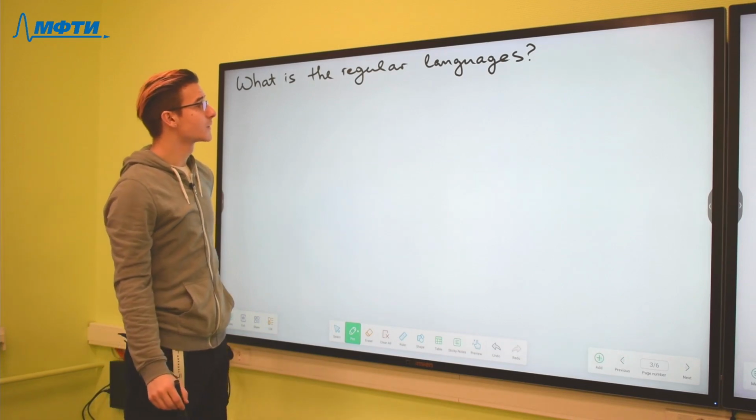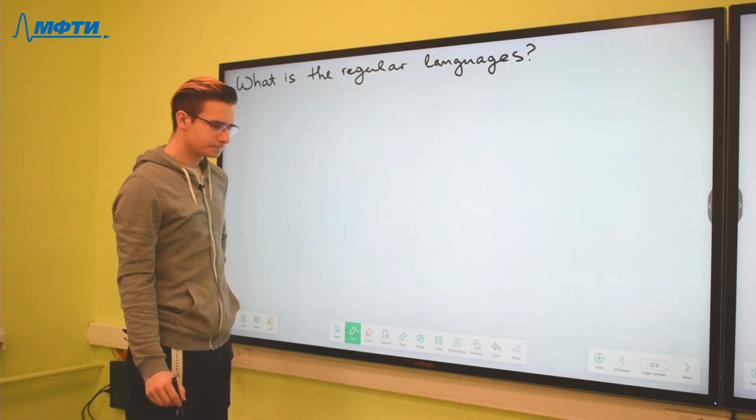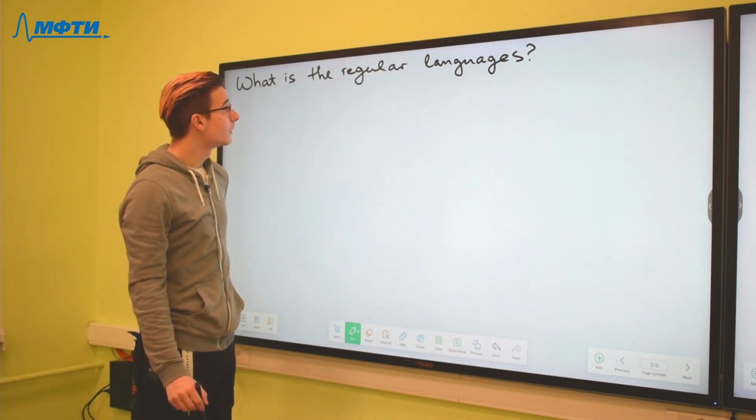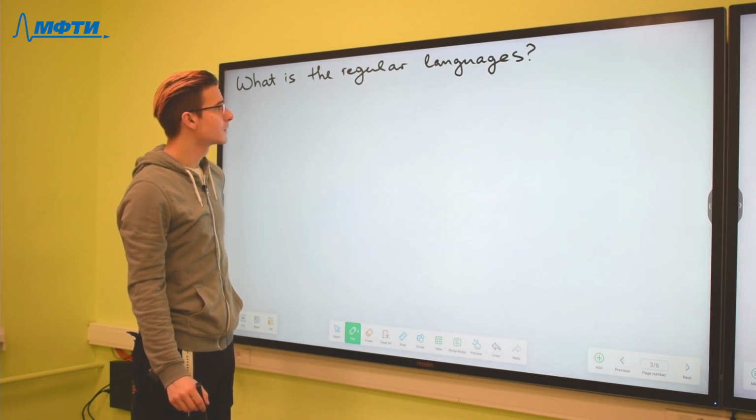They are languages that have an inductive definition.